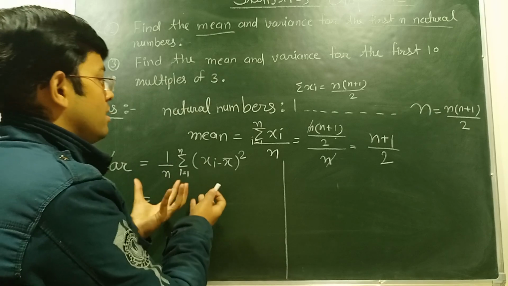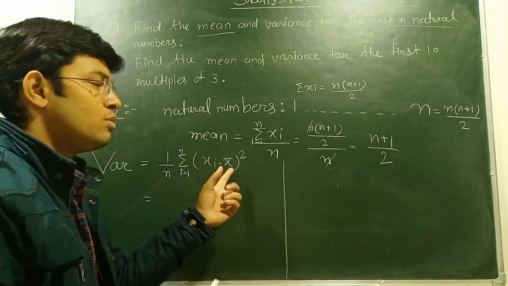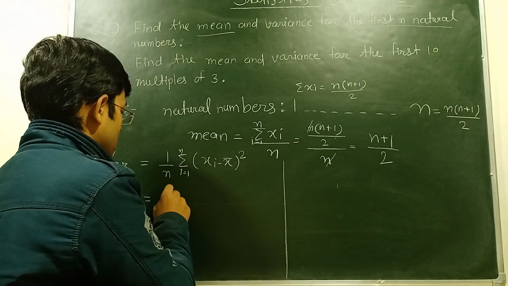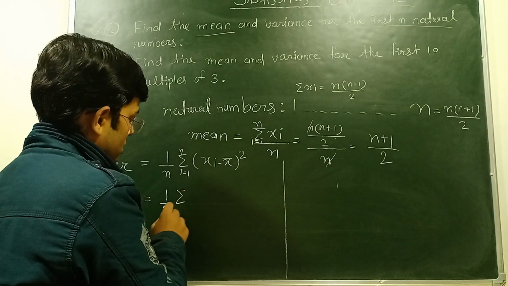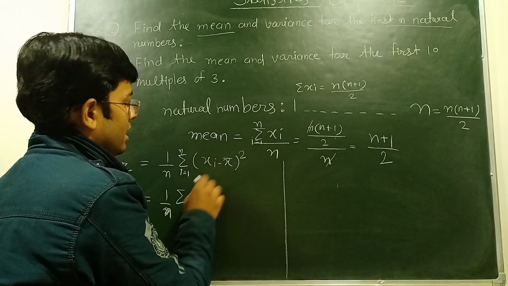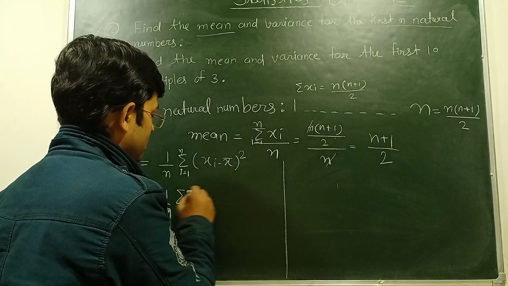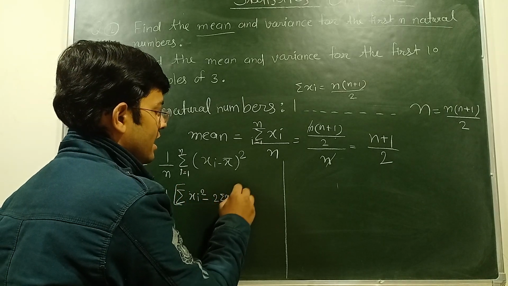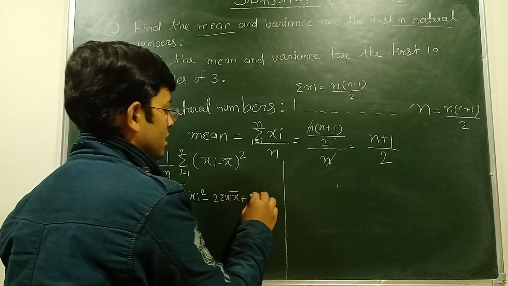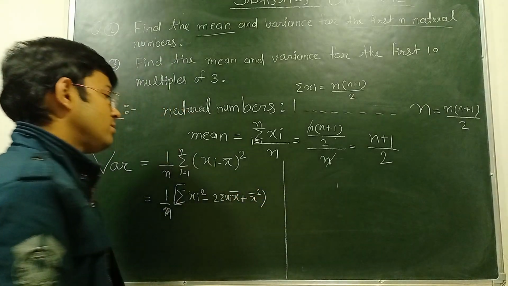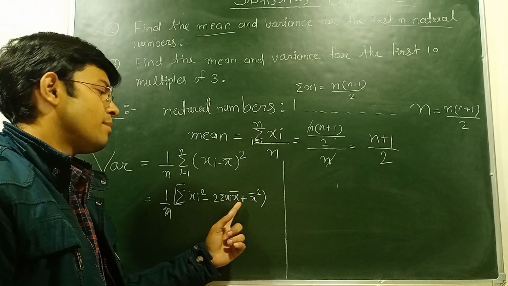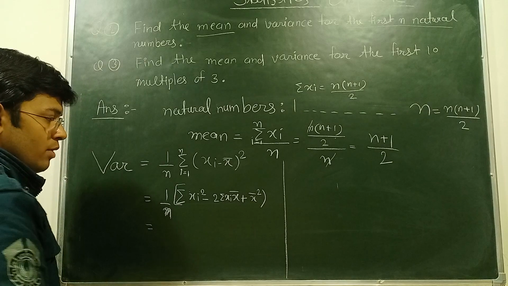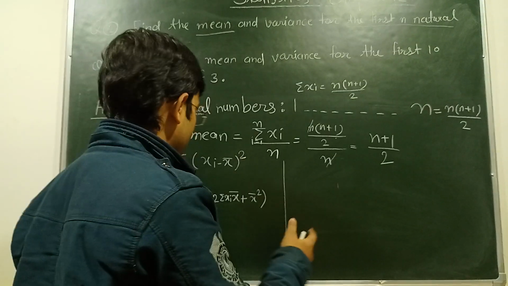First of all, we have to open the square of this bracket: sigma xi square minus 2 sigma xi x bar plus x bar square. Next we multiply all the terms by 1 by n.